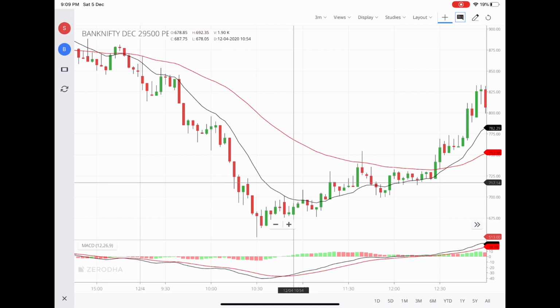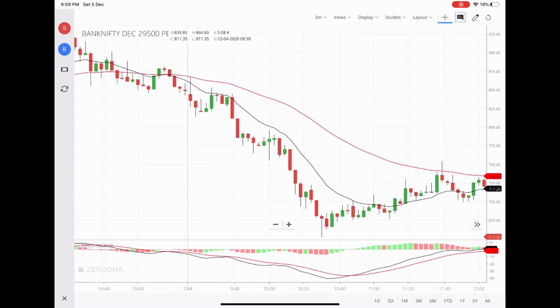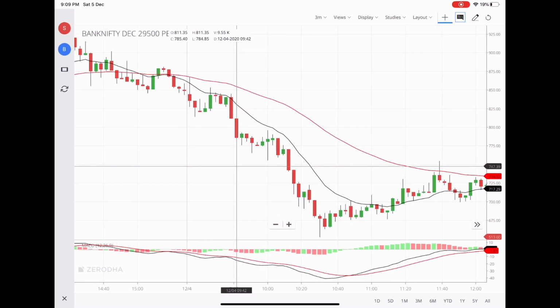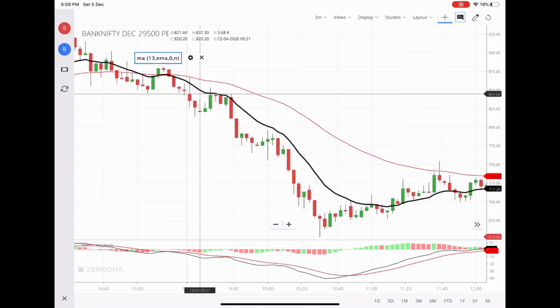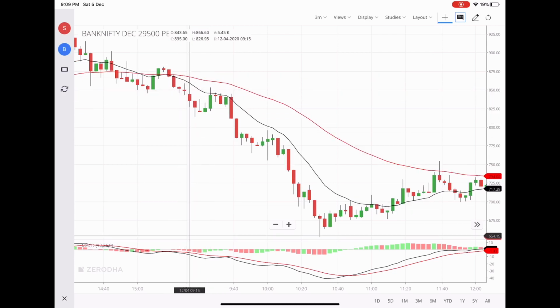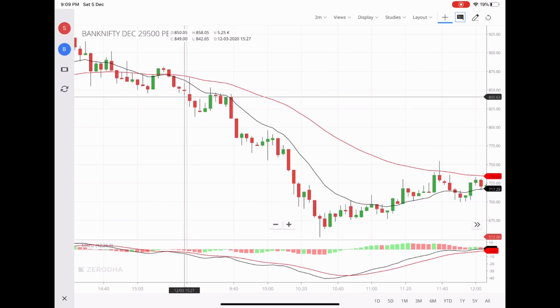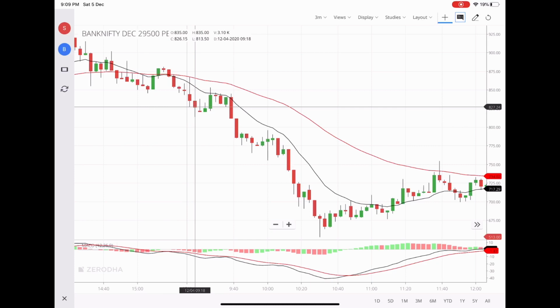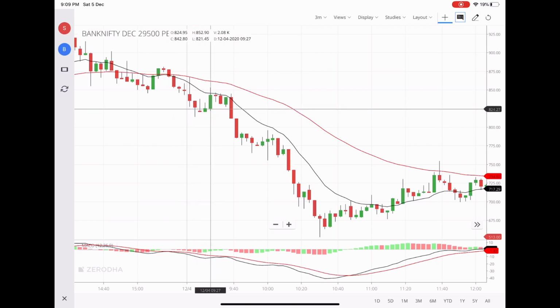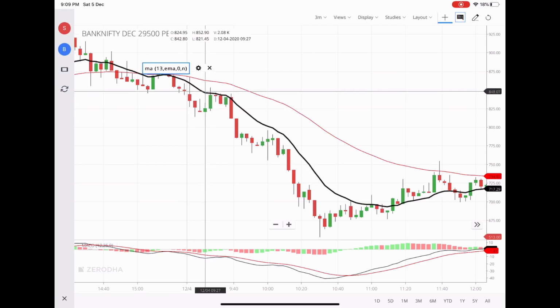So let's start from the very beginning. Even though the EMA crossover and MACD are indicating downward momentum, the candles are not indicating a clear move. So we will move to the next pair of candles. Here also the range of the candle is very narrow.